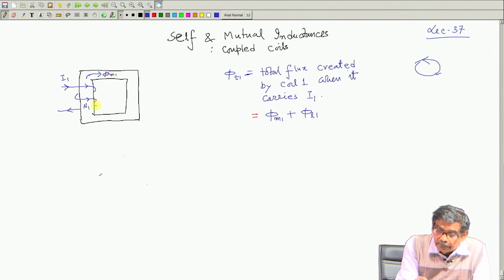And there will be another part which will be linking the coil alone.